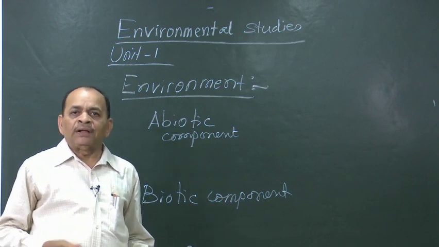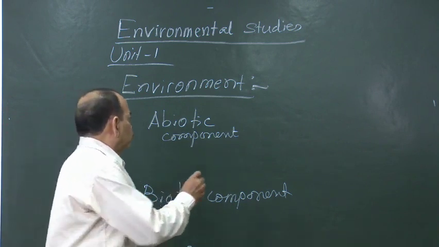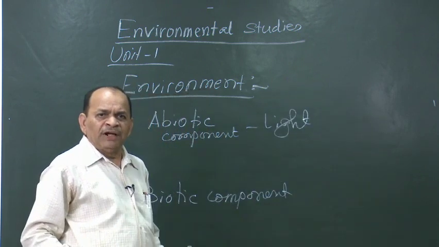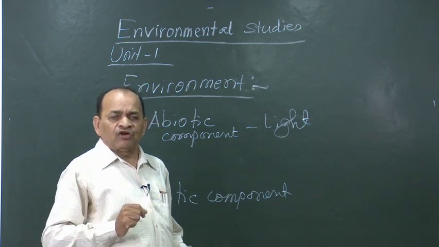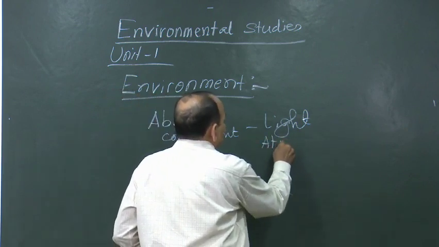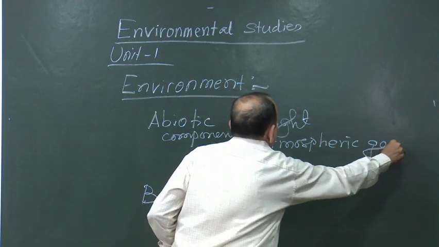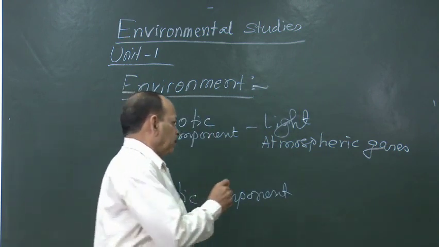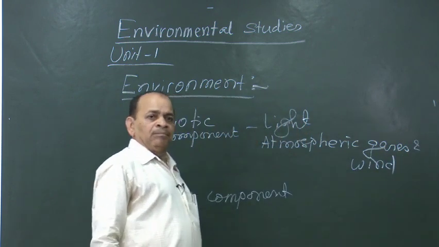Now, let us see what are the non-living components, the abiotic components. This first includes the light. The light means the radiations and energy. The source is mainly the sun. Then atmospheric gases and the wind, the air.